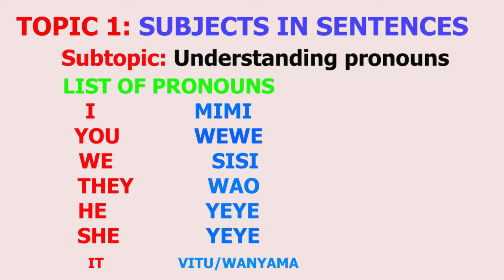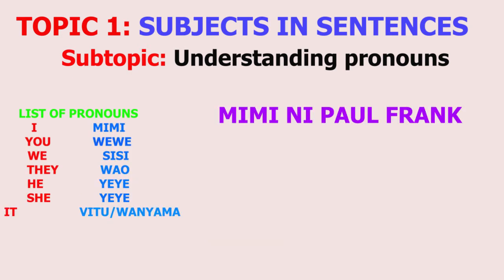Let me try to explain more about these pronouns that I have mentioned, in sentences. For example, the first pronoun, I, which means mimi. We use it when you want to make a sentence and talk about yourself. For example, you say mimi ni Paul Frank.